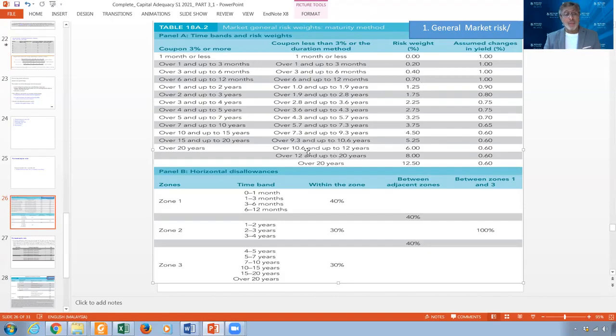Now, they also provide, because there must be some offsetting. Offsetting means there must be what we call the horizontal disallowances and vertical disallowances. For example, you have the positions of the long, which is the assets you are buying now and keeping for the future to sell, which is the asset side.